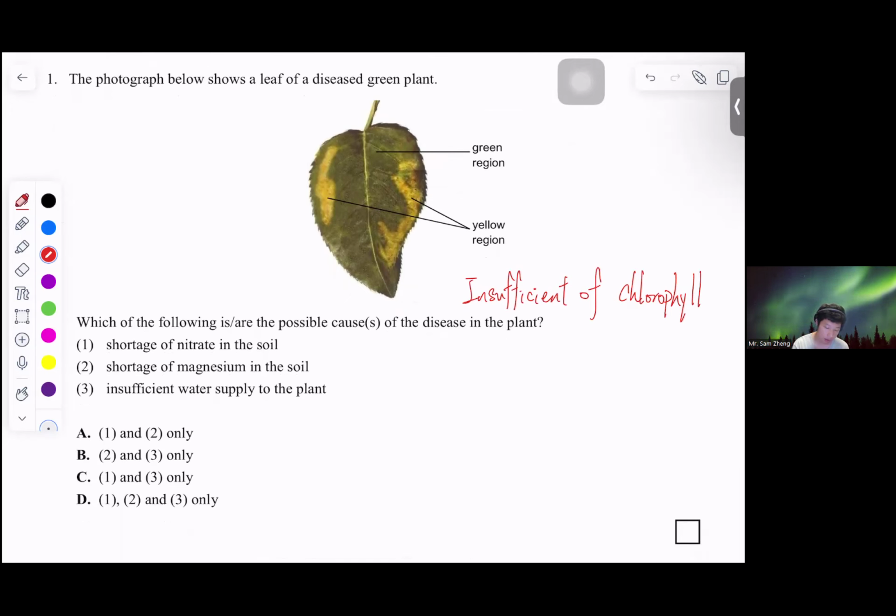First, there is a shortage of nitrate in the soil, and apart from that, there is also a shortage of magnesium in the soil. These two contribute to what we call the yellowing of the leaf.